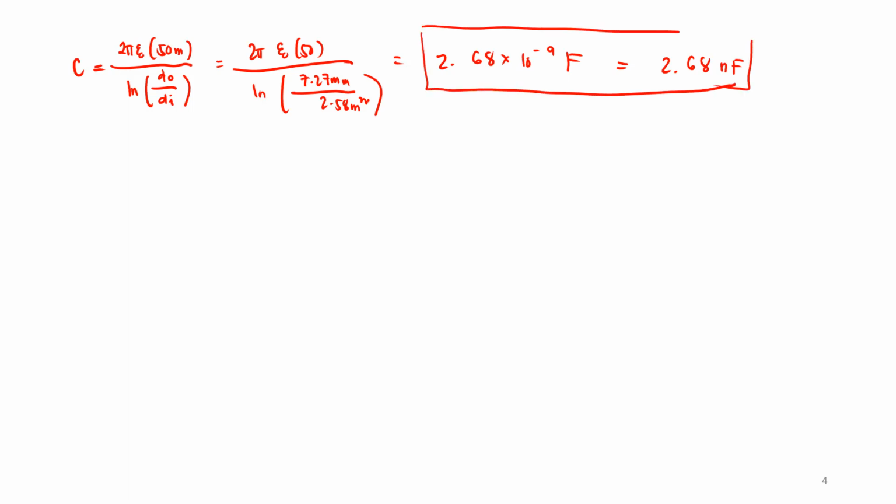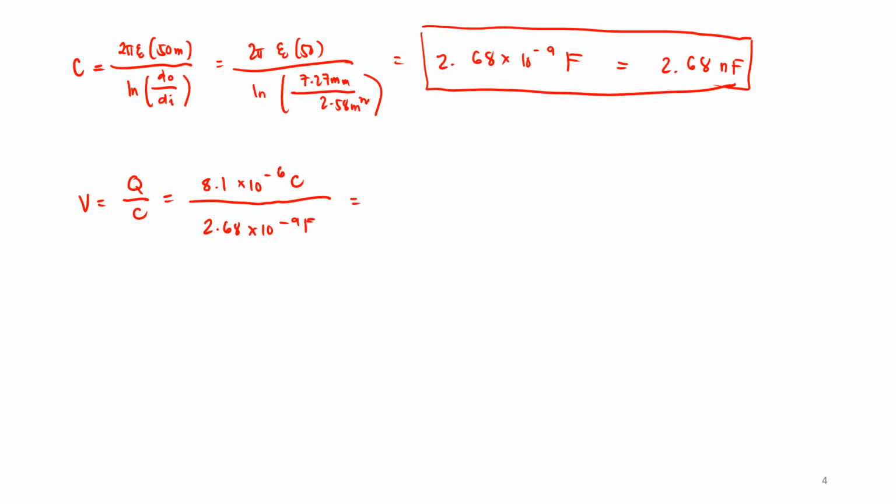And then to find the potential difference between the plates or between the cylinders, we have V is equal to Q divided by C. Now we are given Q, which is 8.1 times 10 to the minus 6 coulomb, and the capacitance we have obtained: 2.68 times 10 to the minus 9 farad.